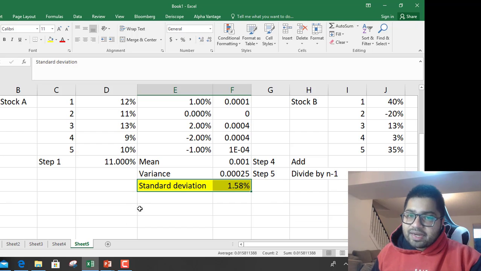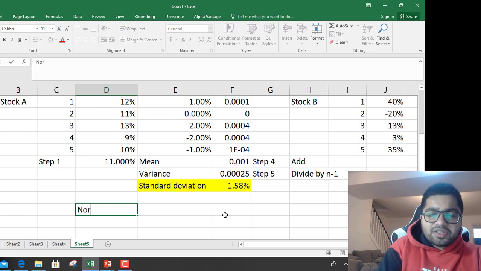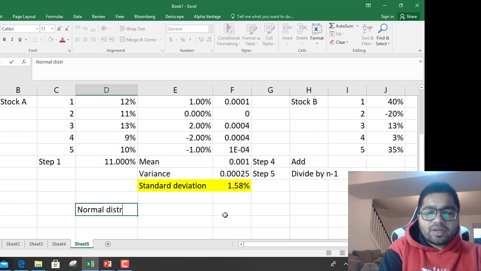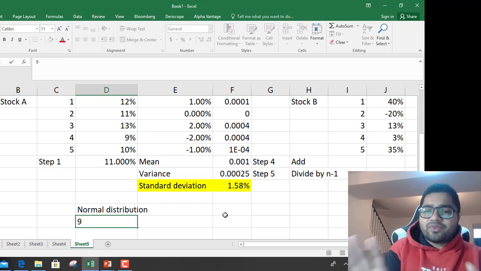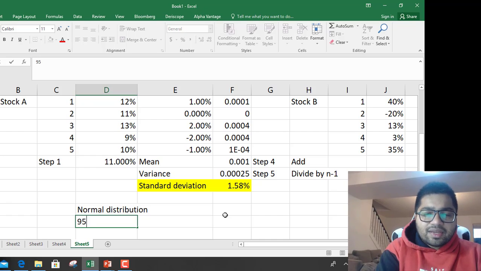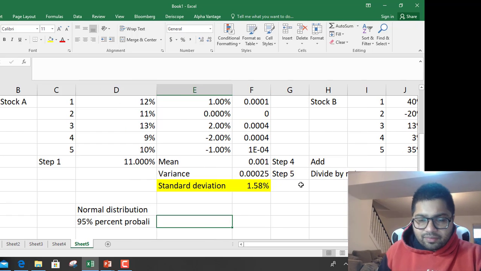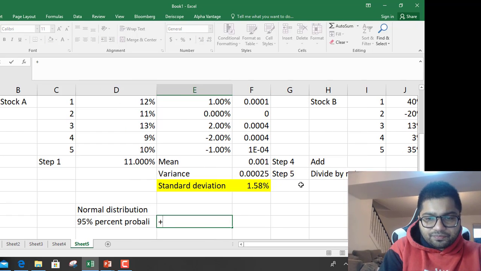Also, one other way to look at it is based on normal distribution. The concept that I'm going to discuss says that if the stock behaves normally, then with 95% probability the stock will be within plus or minus 2 standard deviations from the mean.